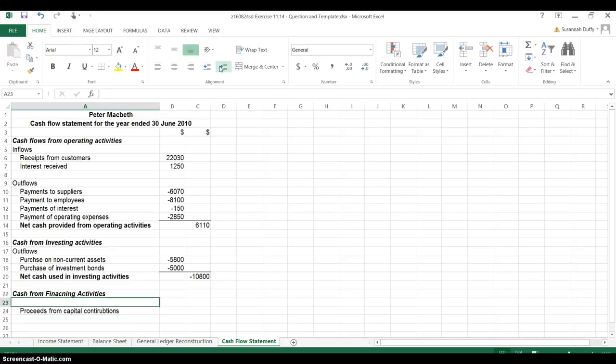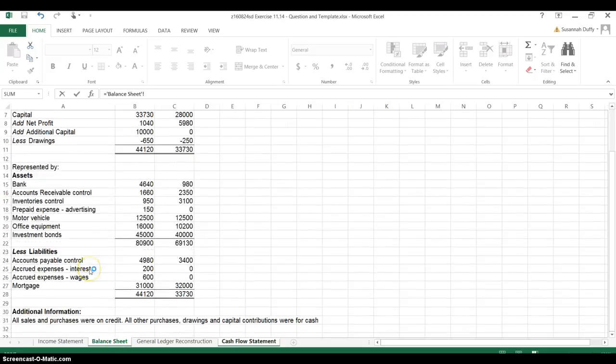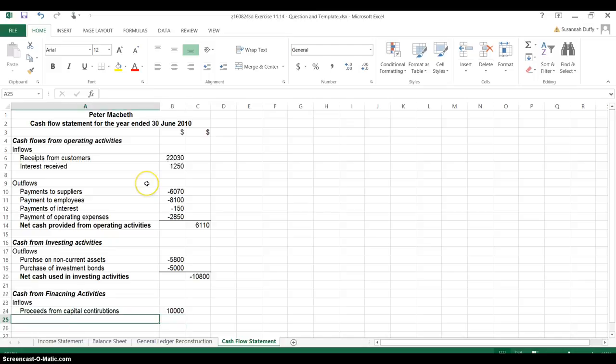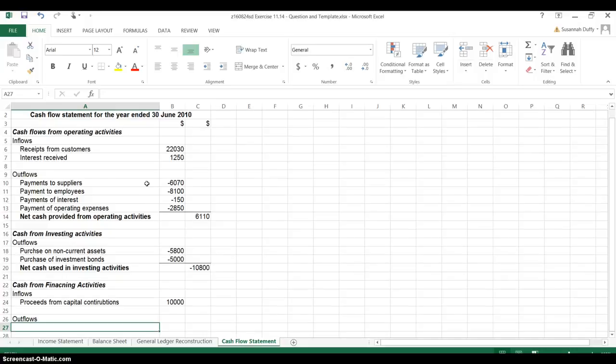Actually make an inflows heading. So if we get equals, go back to the balance sheet and record that figure. $10,000. Okay. So now we're on to outflows because there wasn't an increase to that mortgage.